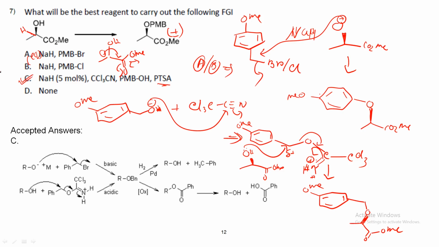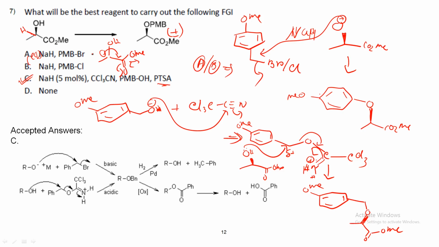So in this particular question, they want to check this racemization concept. So that's how you can say that condition C should be the best for this kind of transformation where chirality is involved and you want to keep the chirality intact, and in the other conditions it will be racemized.